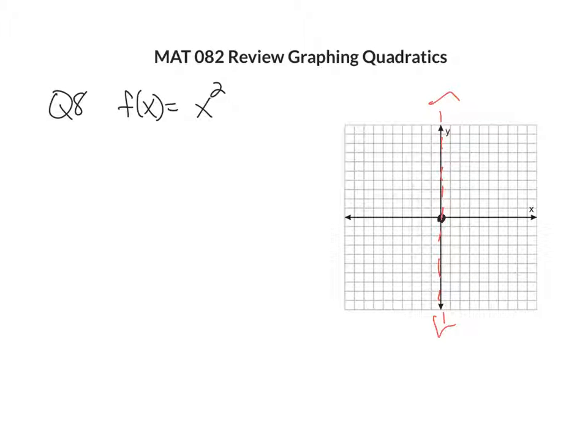And if you want an idea of like what this looks like, you could plug in a couple of numbers. I'm just going to pick 3. That way it's not too close to my vertex. So at f of 3, I have 3 squared is 9. So I can plug in 3, 9, 1, 2, 3.